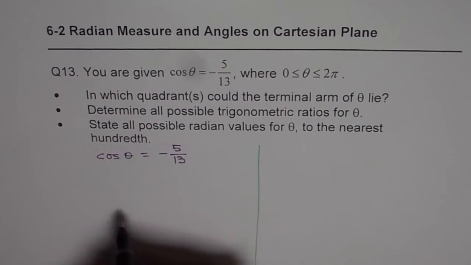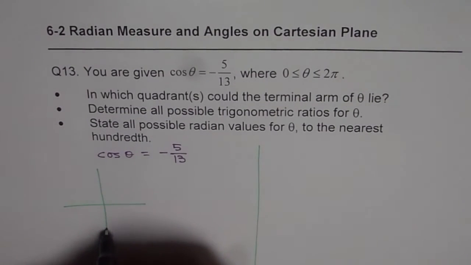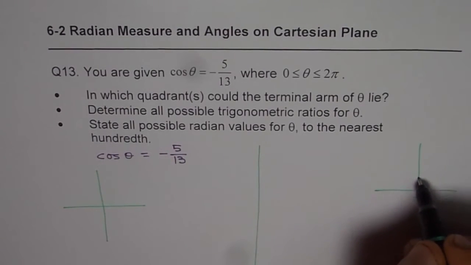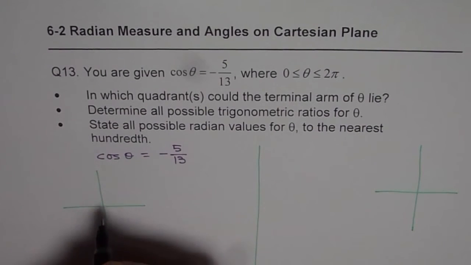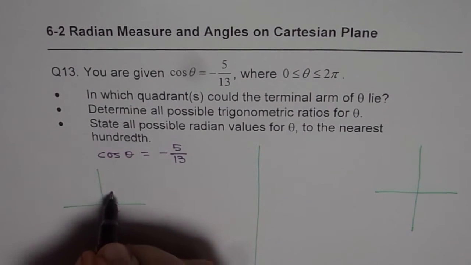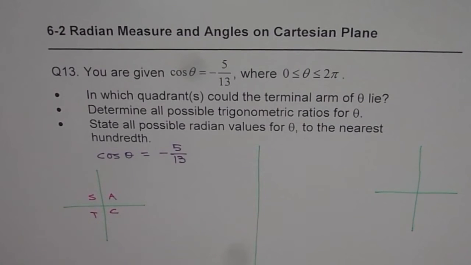So let me draw two different Cartesian planes here, since we do have two possible solutions for this. Now if you look into the CAST rule, which says cos is positive in quadrant 4, all are positive in quadrant 1, sine in quadrant 2 and tan in quadrant 3.